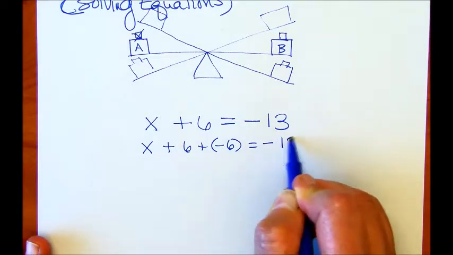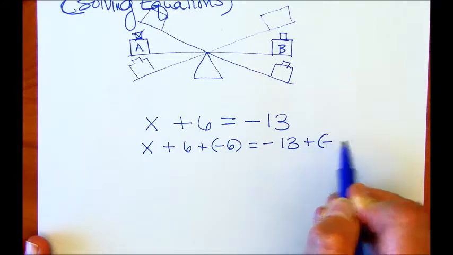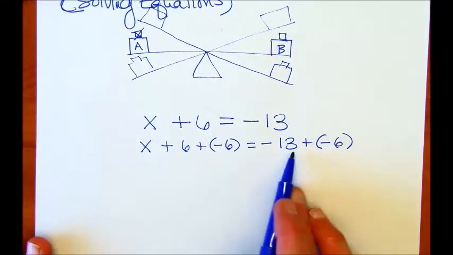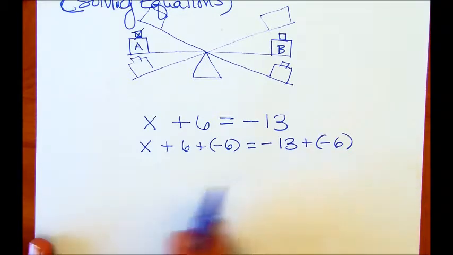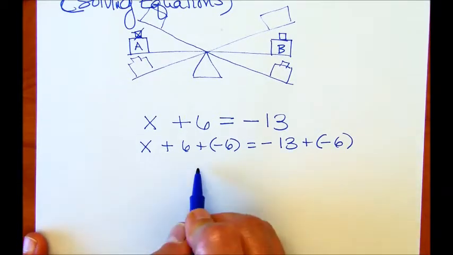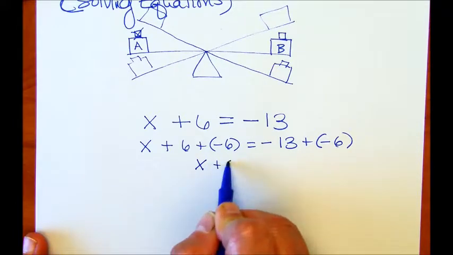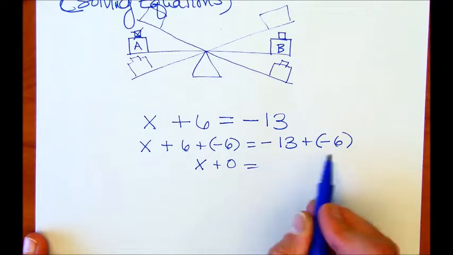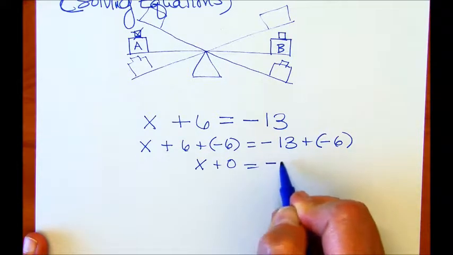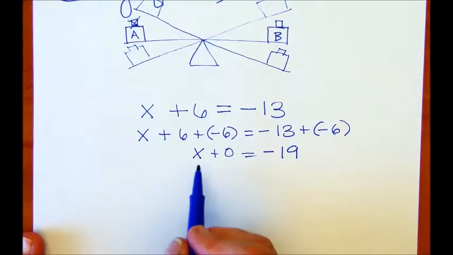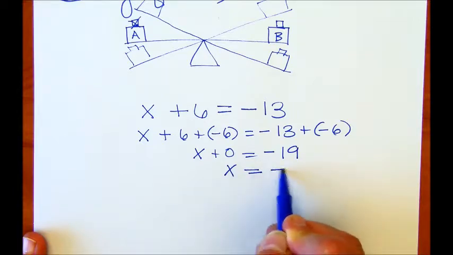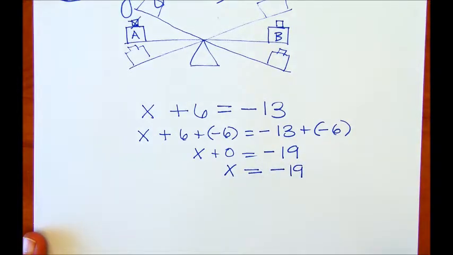So on the right side, I also want to add the opposite of a positive 6, which really is adding a negative 6. We've got negative 13 plus negative 6. Two negatives, when we add, we're basically going to add, so that's a negative 19. And again, x plus 0 is the same thing as x, so x equals negative 19.